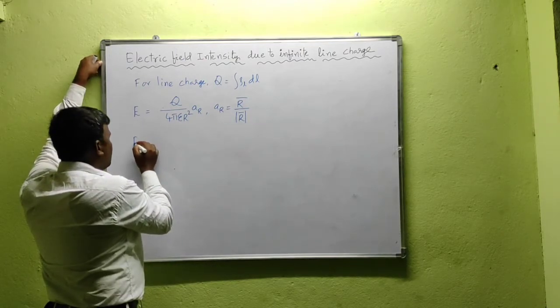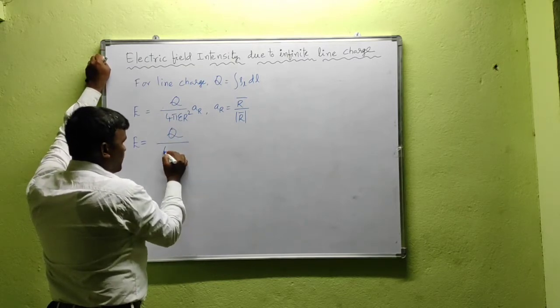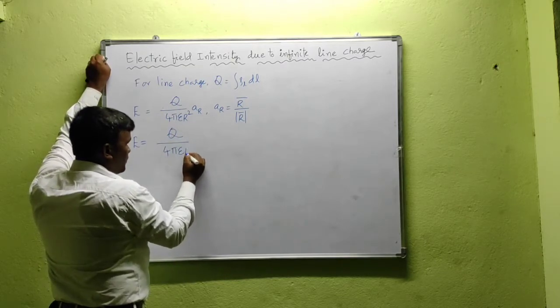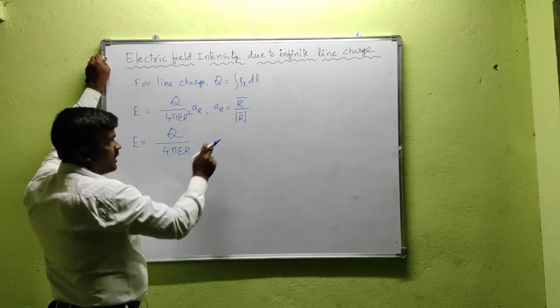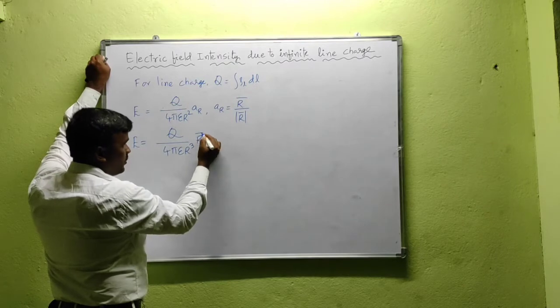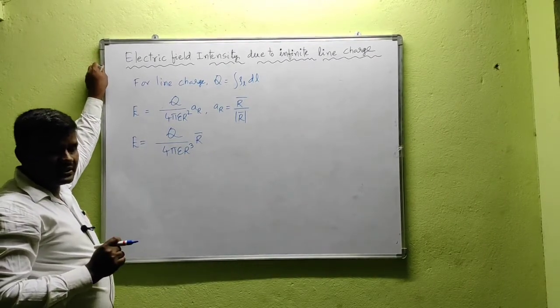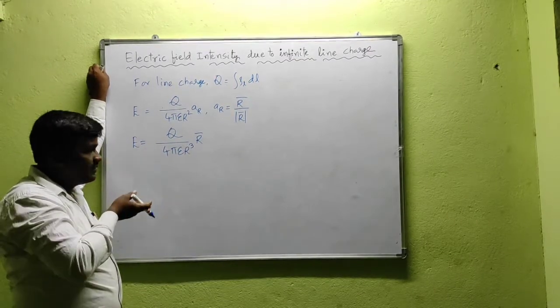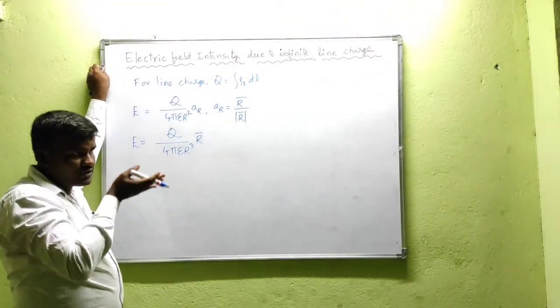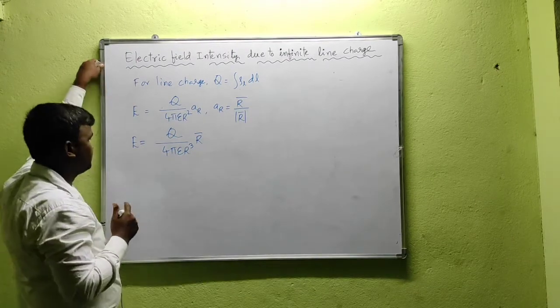Here in this case, E can be written as Q by 4 pi epsilon R square into R bar by R, which we can write as R cube into R bar. What is R bar? R bar is the distance vector, that is the vector from starting point to ending point, or else starting point to terminating point.